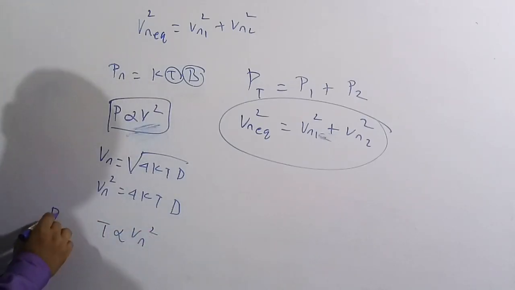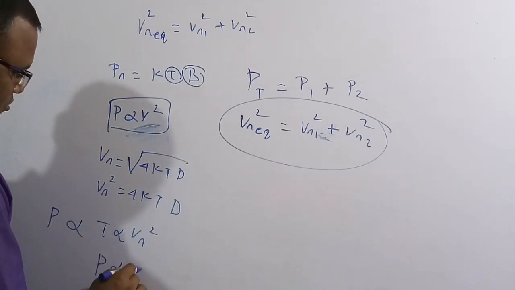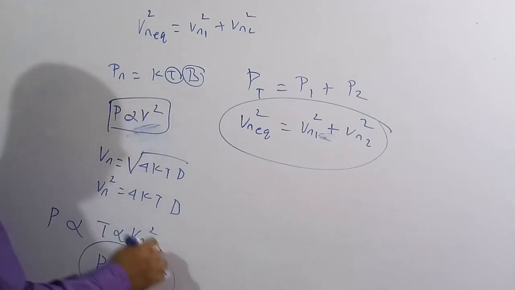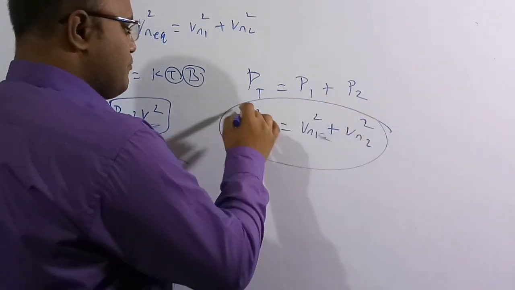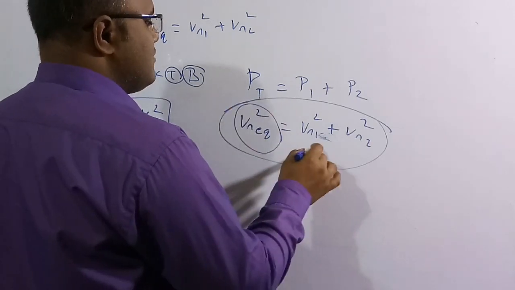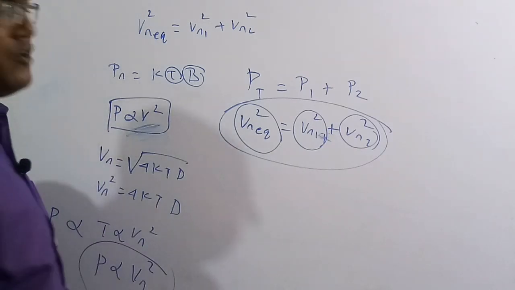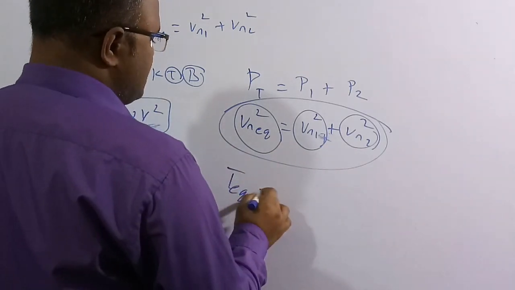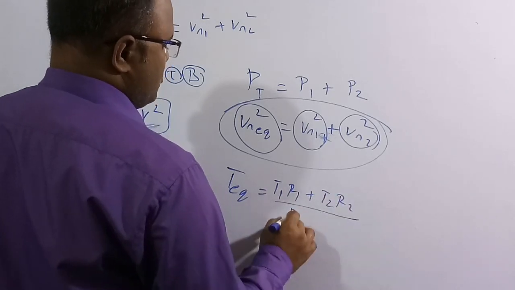As power is directly proportional to temperature, power is also proportional to Vn square. By using this, the total power is equal to the summation of individual powers. Substituting those values, finally we get T equivalent, the equivalent rising temperature, equal to (T1 R1 plus T2 R2) by (R1 plus R2).